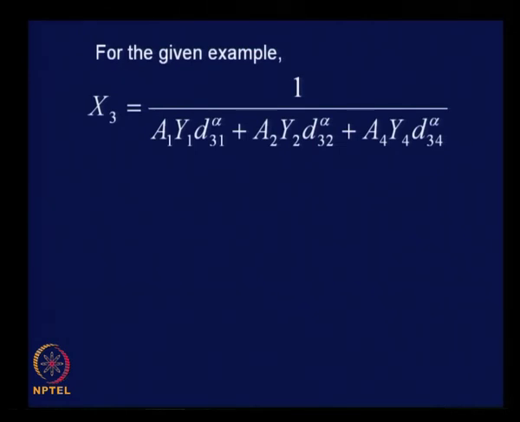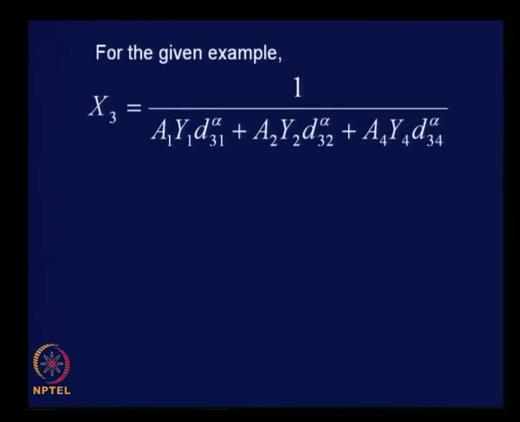For the given example, this is how we can write the equation pertaining to xi. X3 can be written as 1 by a1 y1 d31 raised to power alpha plus a2 y2 d32 raised to power alpha plus a4 y4 d34 raised to power alpha.